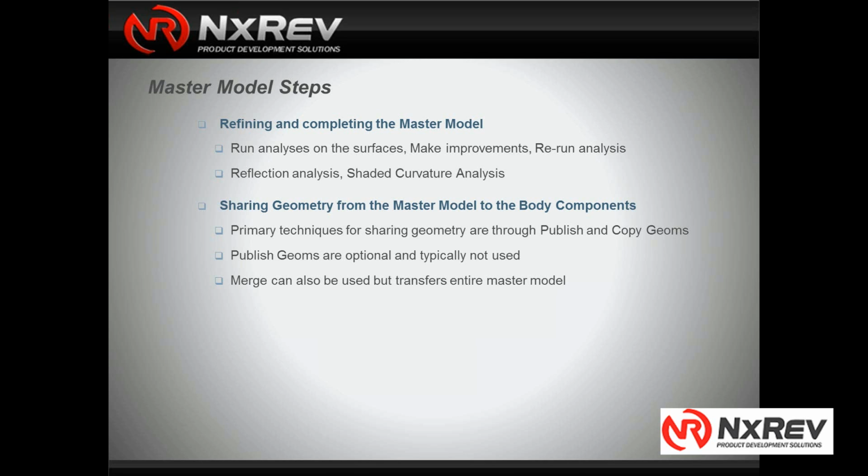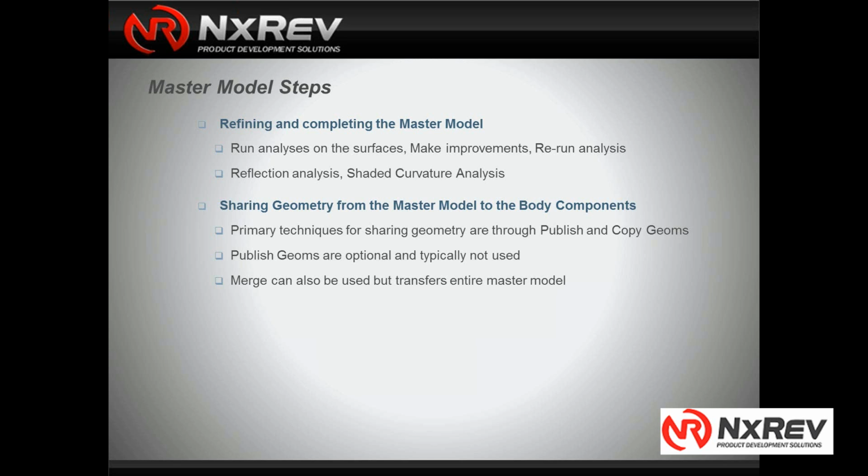I can do that using functionality called publish geometry and copy geometry. Publish geometry can be used, but typically it's not. It's extra clicks that you need to use. So copy geoms will help you in this regard. They're the most commonly used tool for that.